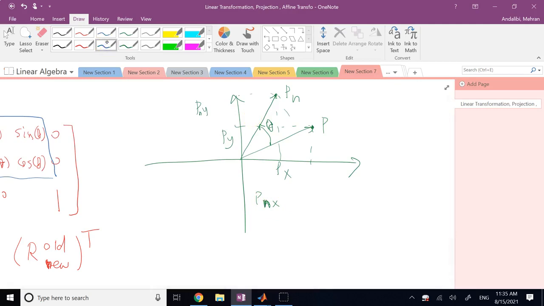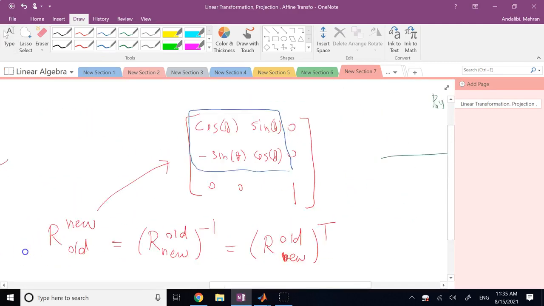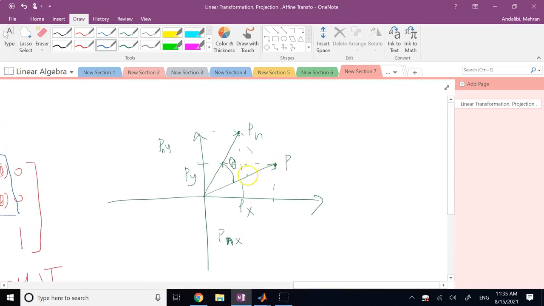And if I want to use the material that I taught you to achieve this, what you can do is this. You say, well, I'm going to attach a frame to this point P, and I can call it x1 and y1. And then I rotate it, correct, to get this new one.